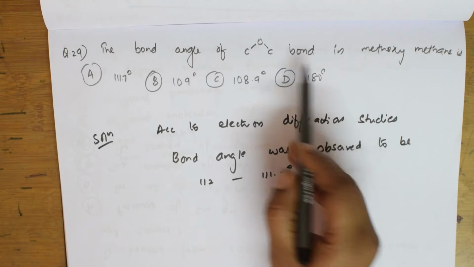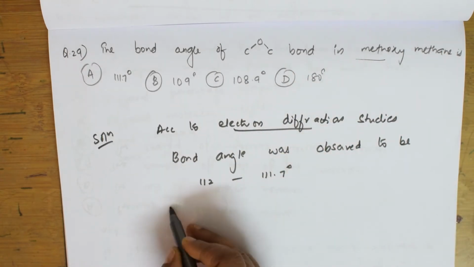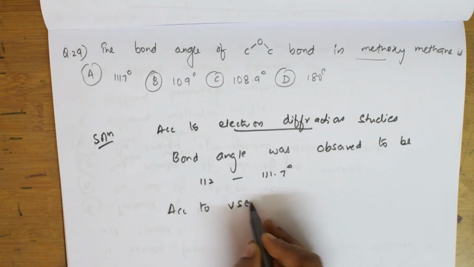So remember students, methoxymethane is a specific case according to electron diffraction. According to VSEPR, it would be, as I told you, a tetrahedral arrangement.